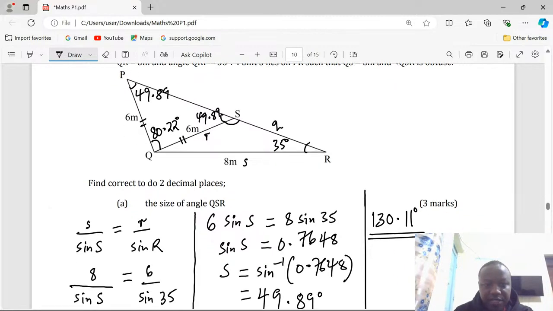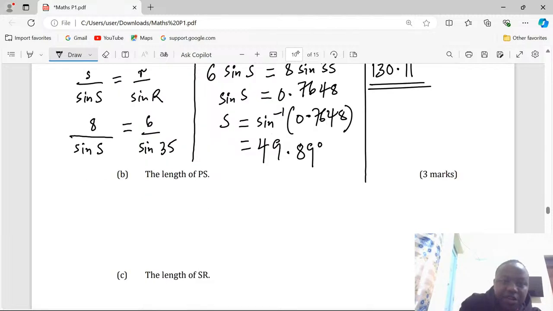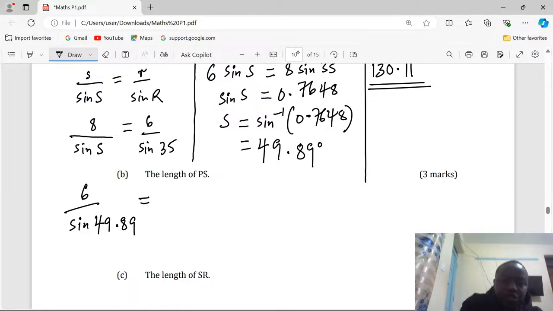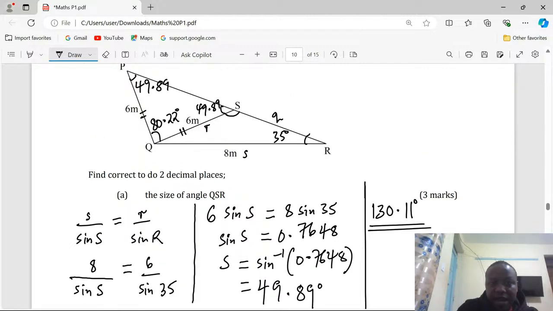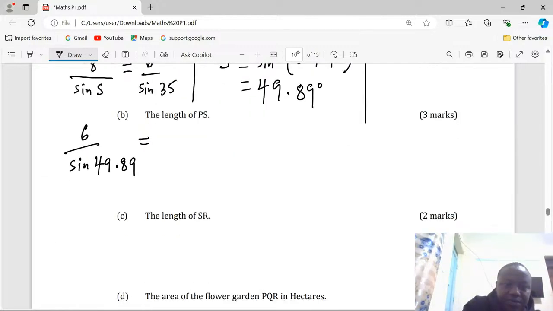when I use 6 divided by sine rule again. 6 divided by the sine of 49.89 to be equal to the unknown length, PS, divided by the sine of the angle that I'm having here, which is 80.22.